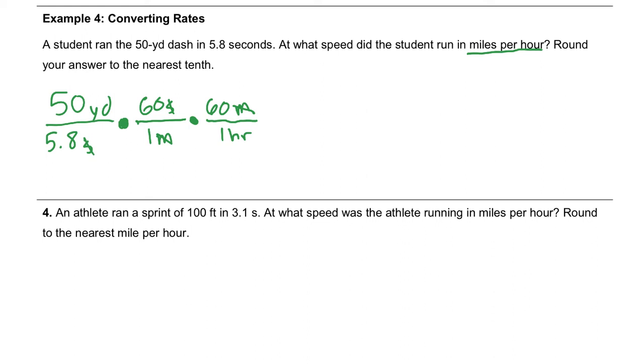So at this point, you could convert all this. You could do 50 times 60 times 60. So 50 times 60 times 60 is 180,000. So I'm going to eliminate that. 180,000 over 5.8. So now the 5.8, the seconds, I know that seems weird, but I'm going to write this as hours.